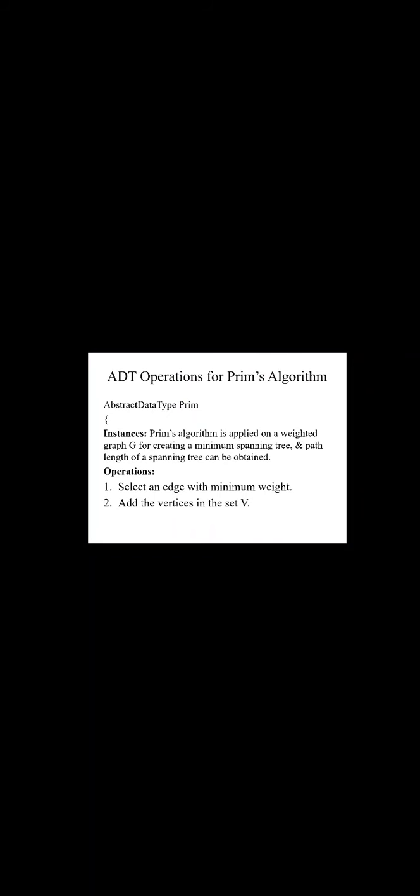So, abstract data type Prim. Here, the instance is Prim's algorithm applied on a weighted graph G for creating a minimum spanning tree, and the path length of the spanning tree can be obtained. The operations: 1. Select an edge with a minimum weight. 2. Add the vertices in the set V. 3.